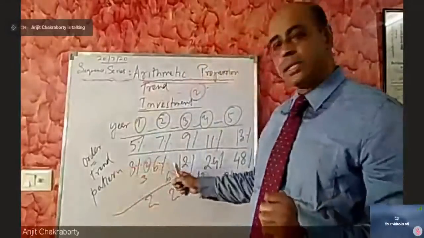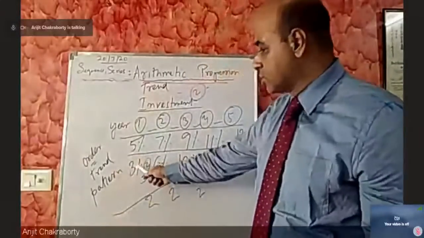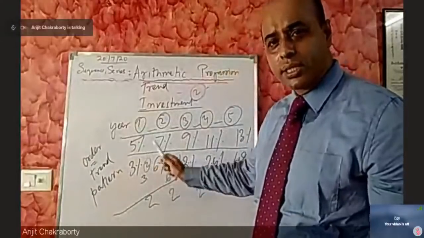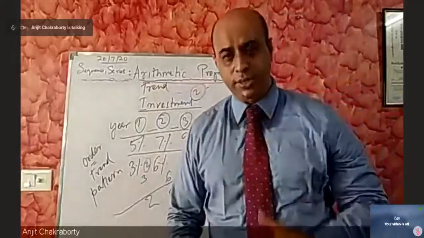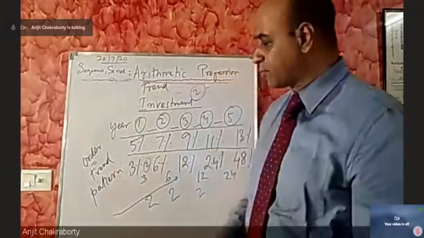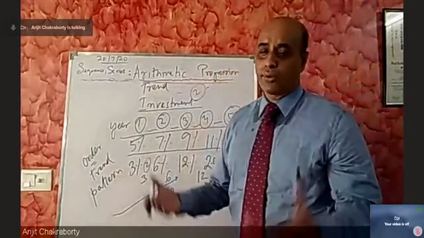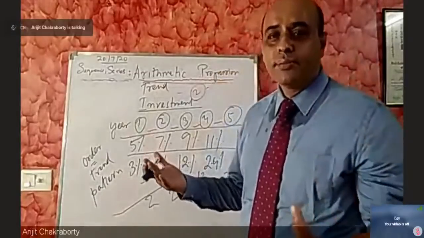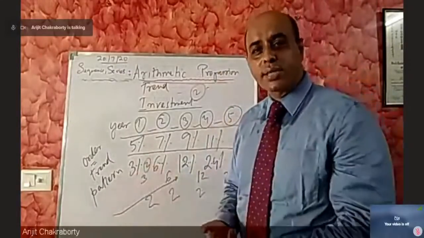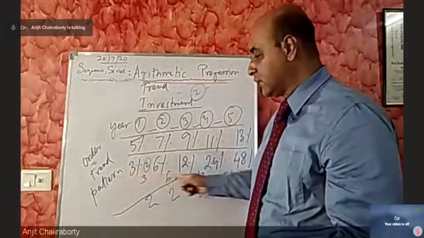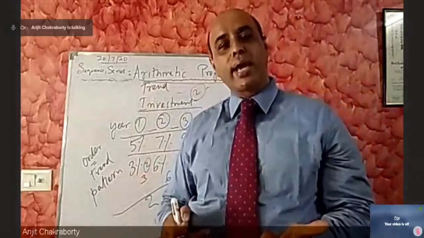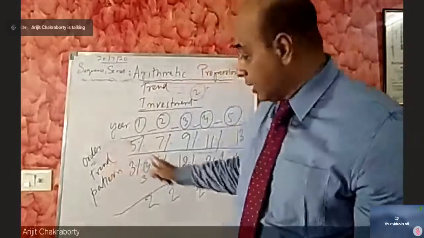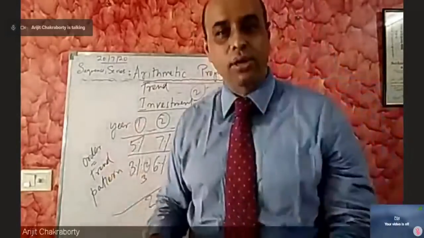Therefore, this is known as a geometric progression because you multiply 3 into 2 is 6, 6 into 2 is 12, and in the first case, it is an arithmetic progression. So this is the difference. Which one is suitable? Which one is better for you? Well, since you have learned time value of money, definitely the second one seems to be more lucrative, but in finance you will learn later, higher the return, higher is the risk also.